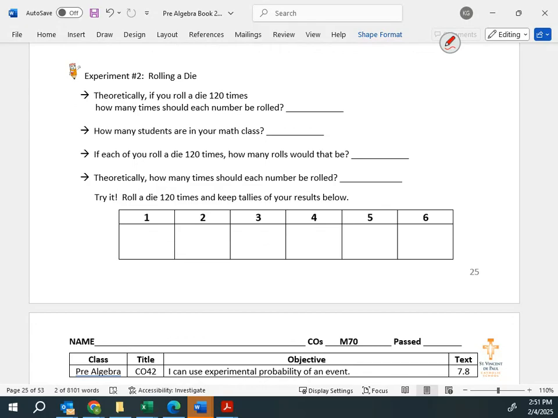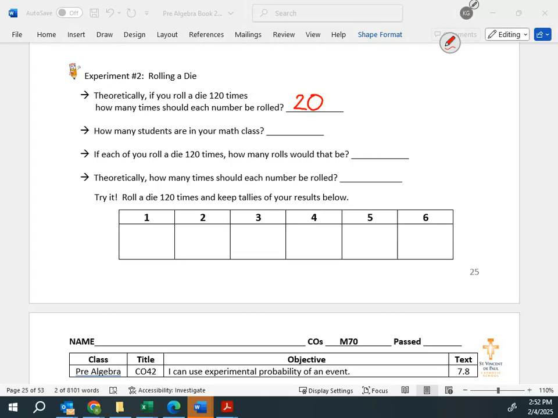So if you're rolling it 120 times and there are 6 numbers, we need to take that 120 and divide it by 6, because you have an equal chance of getting each of those numbers. So 120 divided by the 6 possible outcomes means 20 times you should roll a 1. 20 times you would roll a 2, 20 times you would roll a 3, and so on. So theoretically, you should roll each number on that die 20 times.